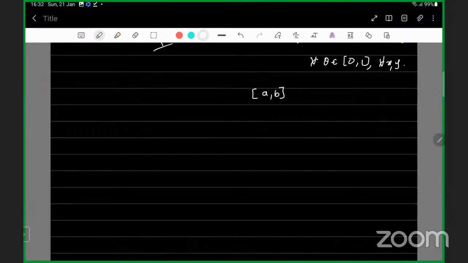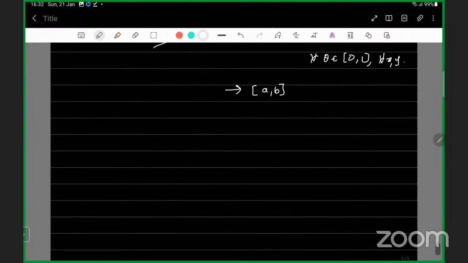So first of all, you understand what we want to prove. We want to prove that expected e power lambda x is less than or equal to e power lambda square sigma square by 2, for some sigma.